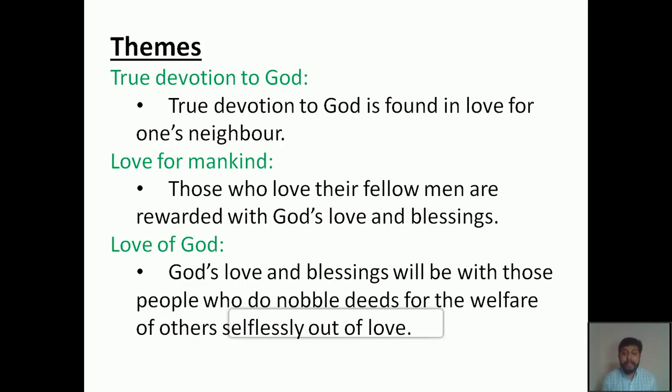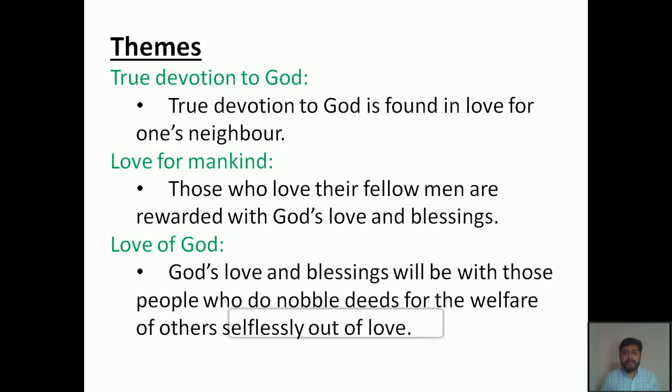So when we do something for others selflessly from our love towards them, to those people the blessings and the love of God will come. So these are the three different themes explained in this poem.